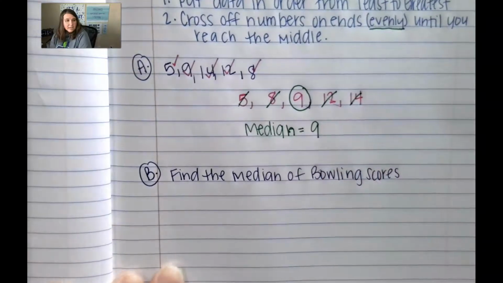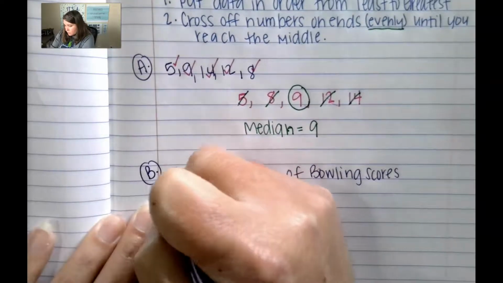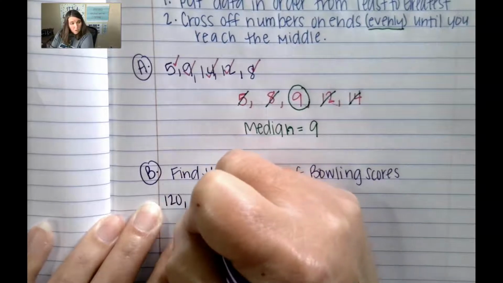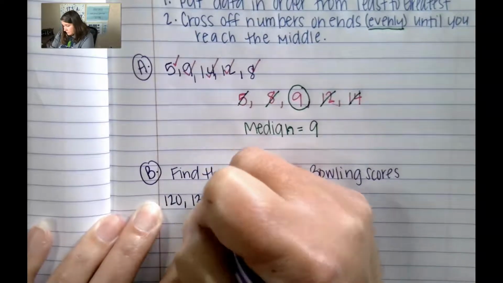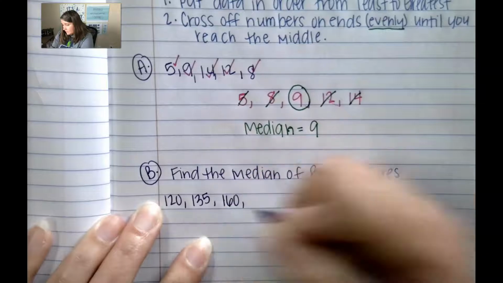All right, let's check out these bowling scores. Our bowling scores are 120, 135, and 160.